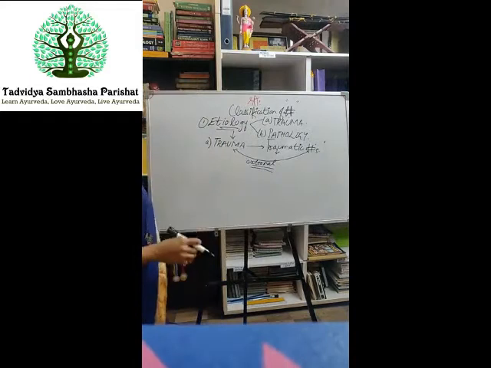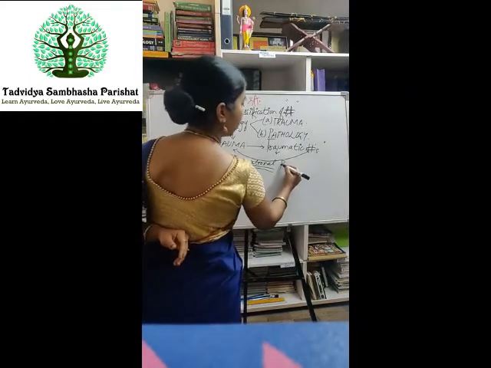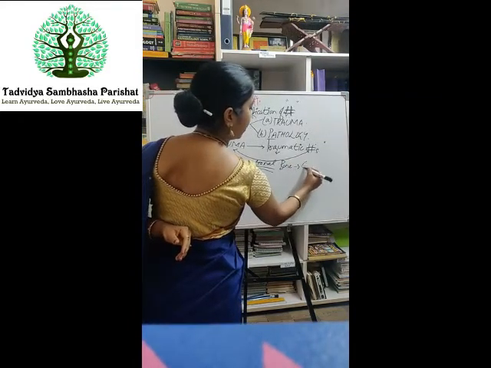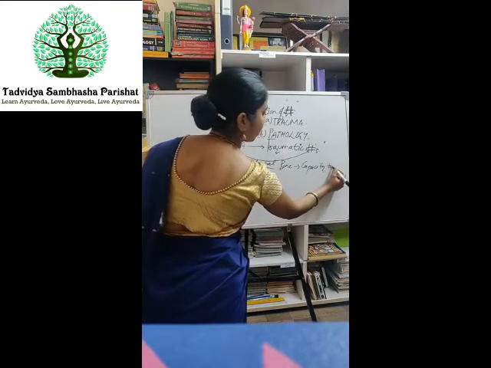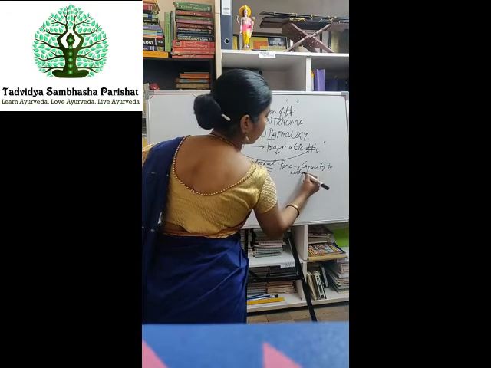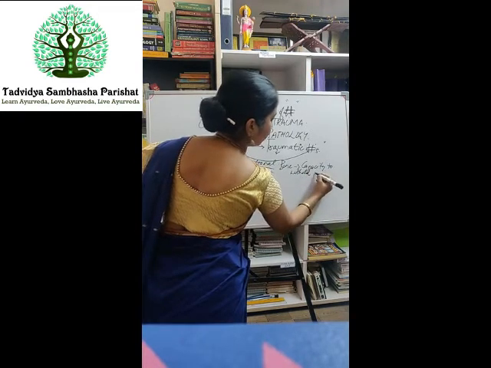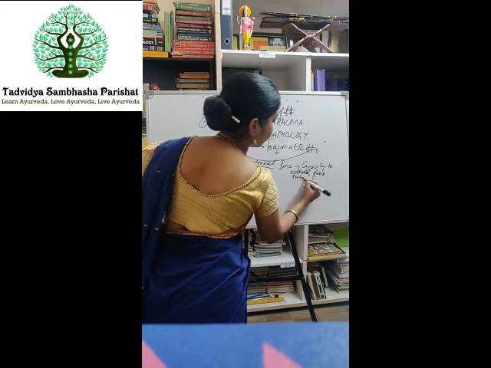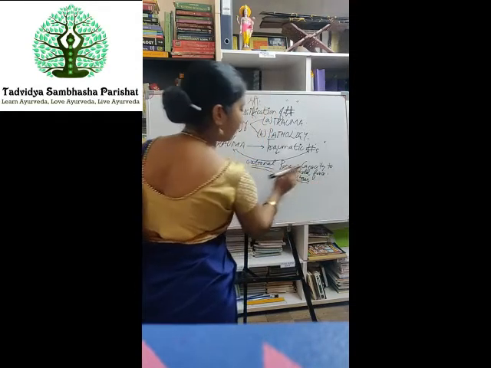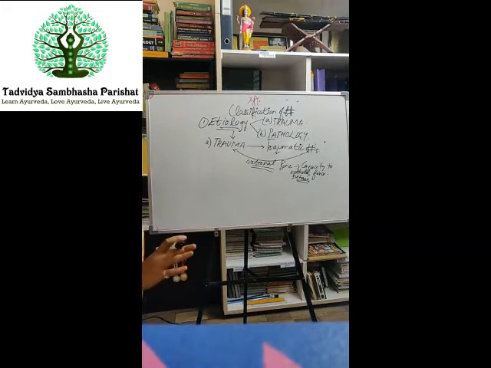Now in general, every bone will have its own capacity to withhold or to sustain a certain amount of force. So every bone has its own capacity to sustain a certain amount of external force.